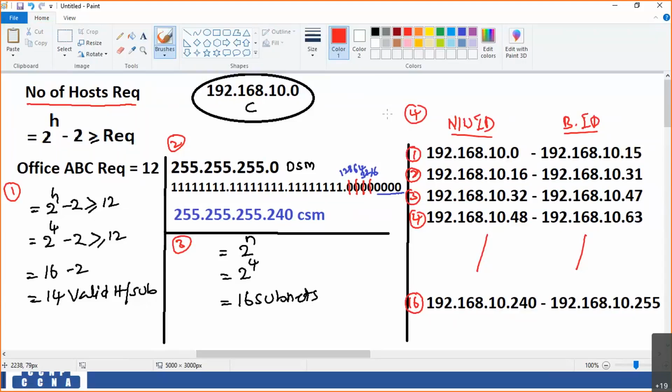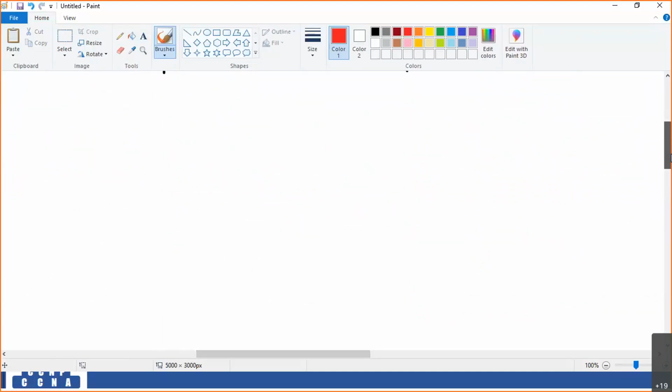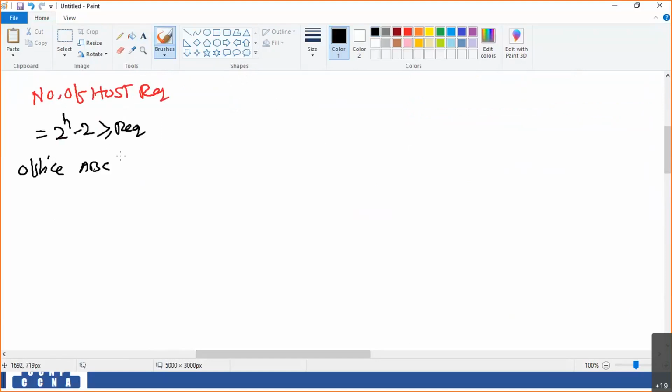Right. We'll do one thing. I will give you one task. Try to do the calculation, same example, based on host requirement: 2 power h minus 2 greater than or equal to the requirement. Office ABC requirement is 2 IP addresses.